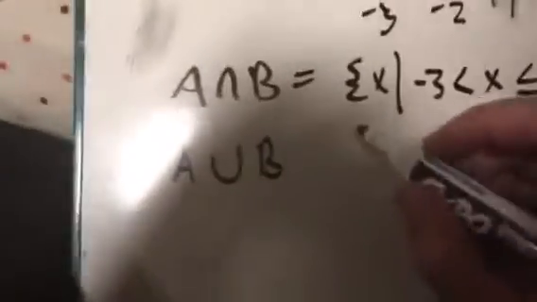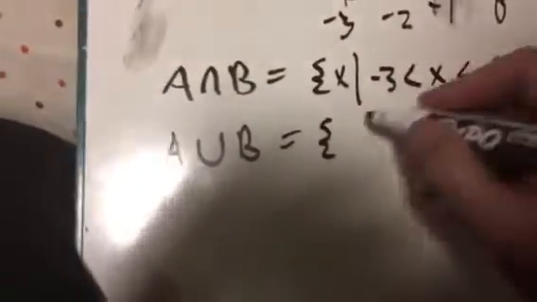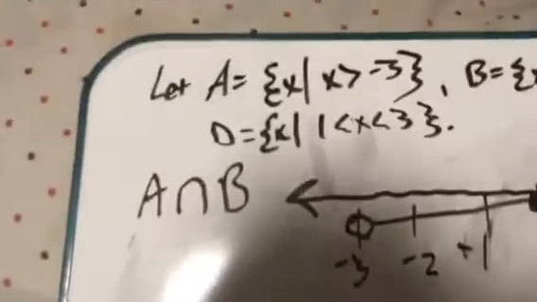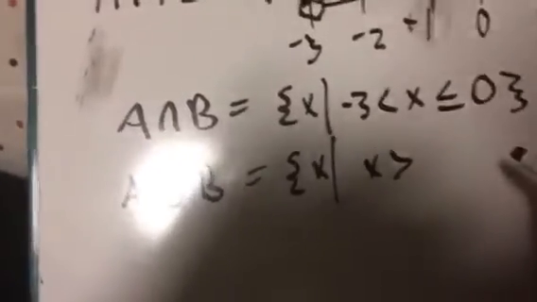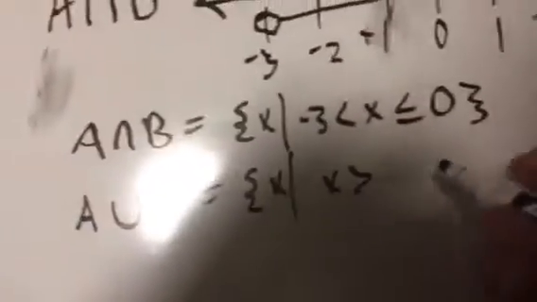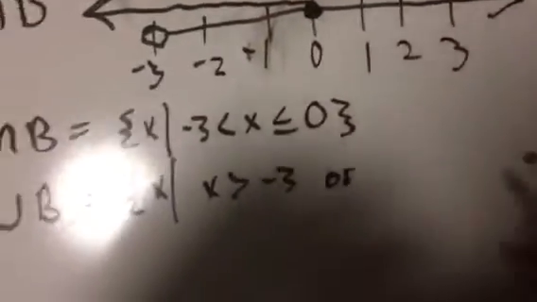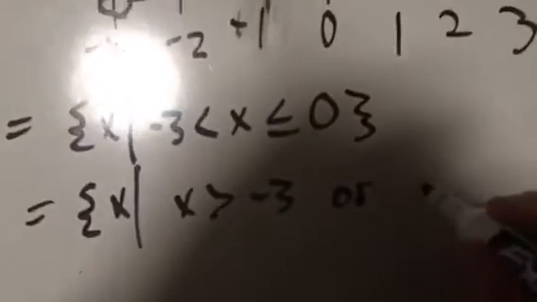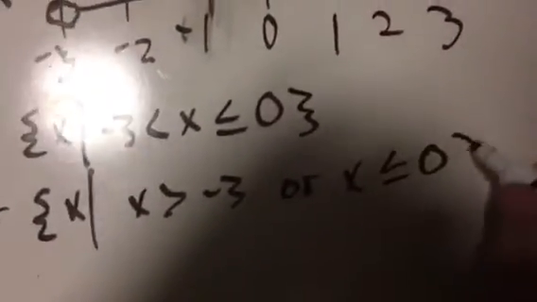And so it will equal the set of all x such that x is greater than negative 3, or x is less than or equal to 0.